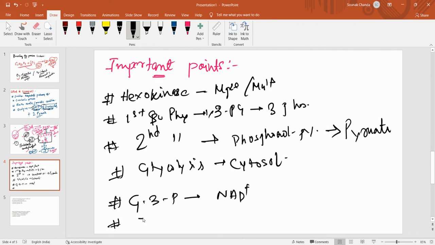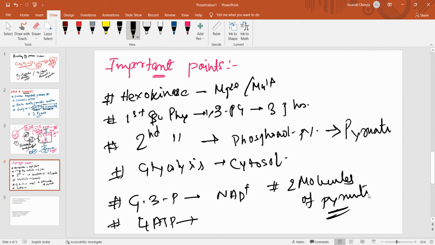There are 4 ATP molecules for one glucose molecule, because two parallel pathways are going on. And the last one is the 2 molecules of pyruvate we are gaining. So this is the main thing.